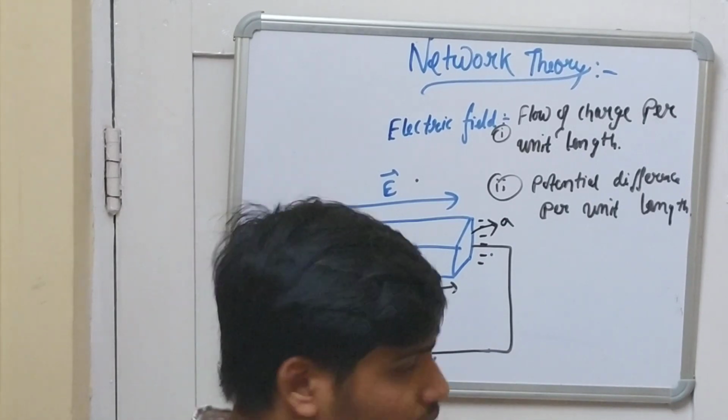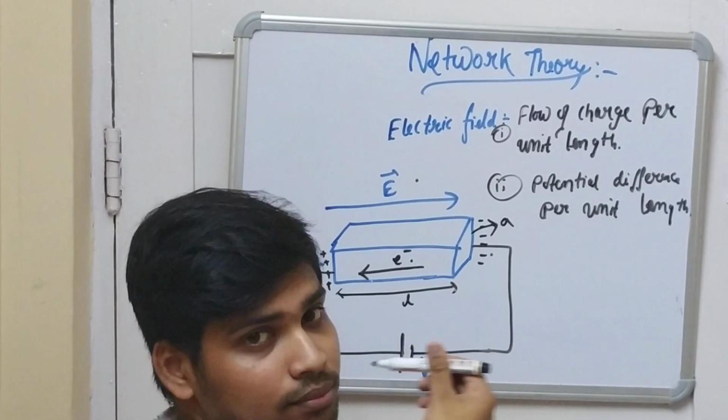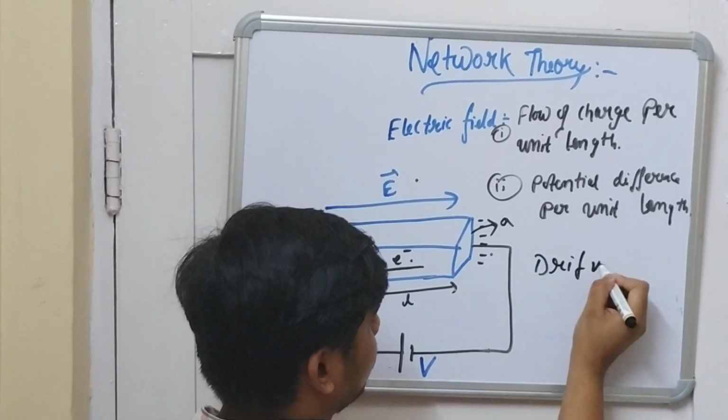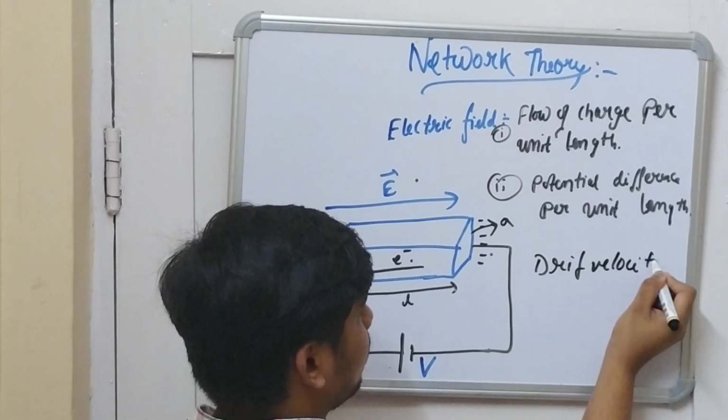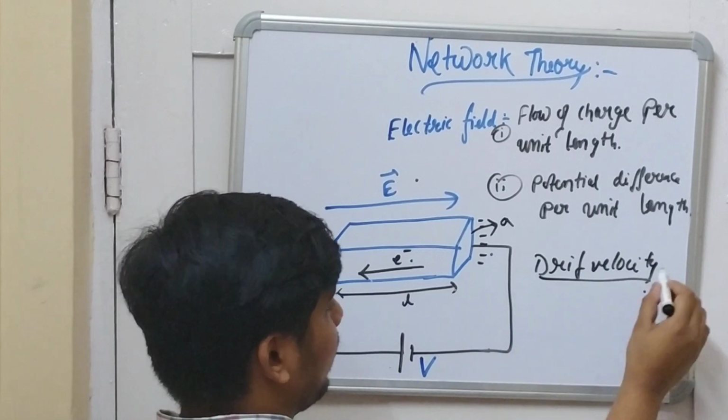Now the average velocity with which this electron moves after applying the electric field is known as the drift velocity.